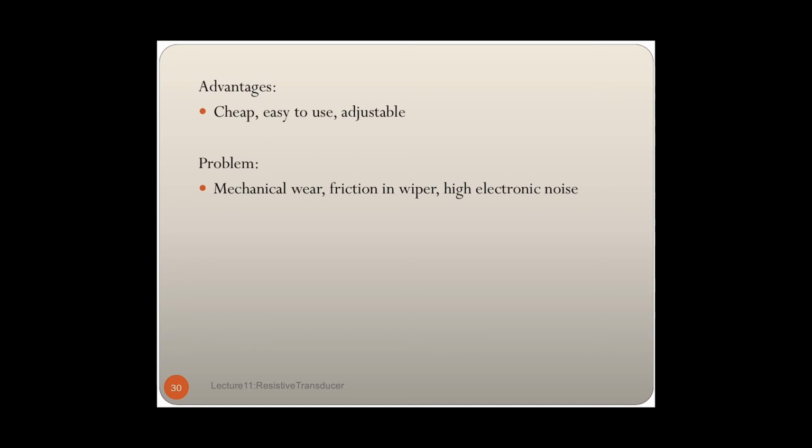However, the problems with potentiometers are, the first one is mechanical wear. The bearing in the potentiometer can wear out due to mechanical wear. It makes the wiper unable to hold its position and slowly it will move back on its own.